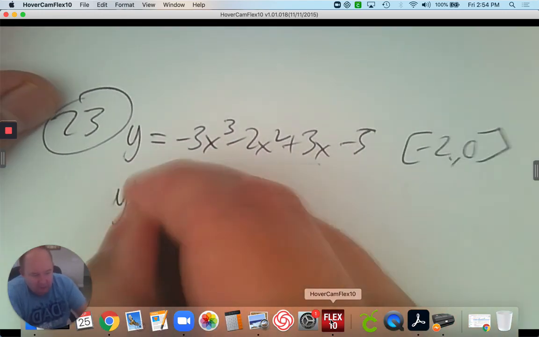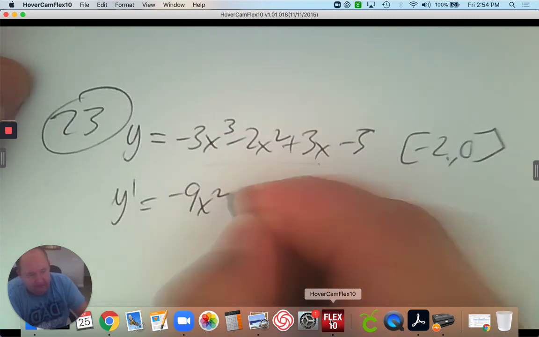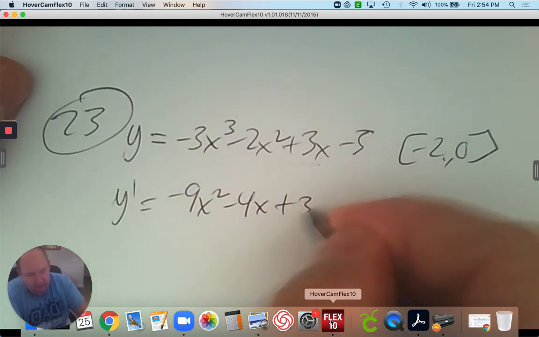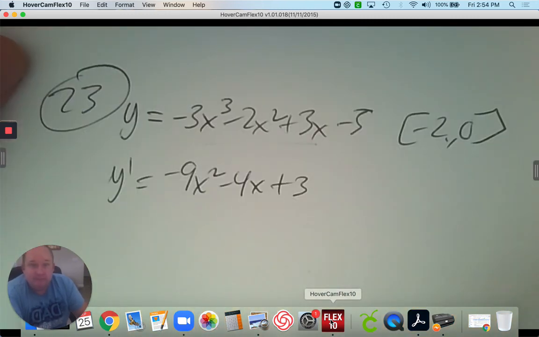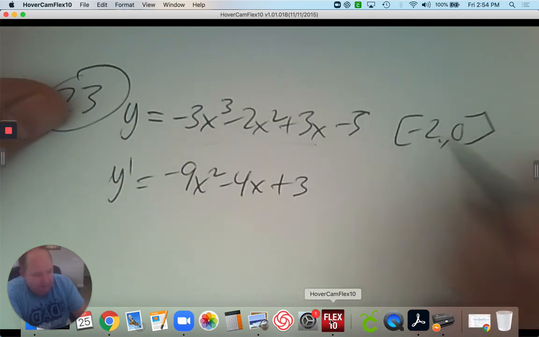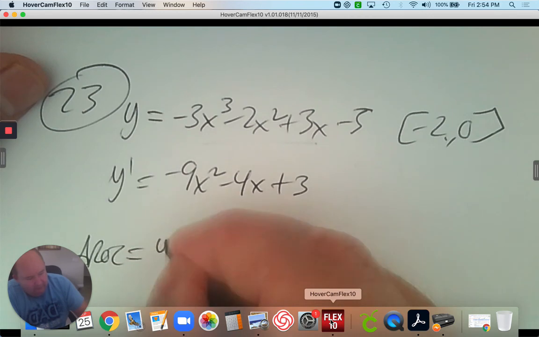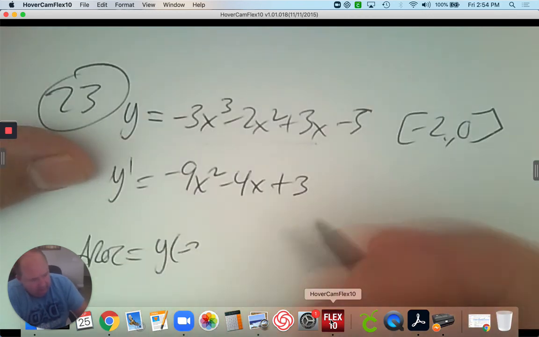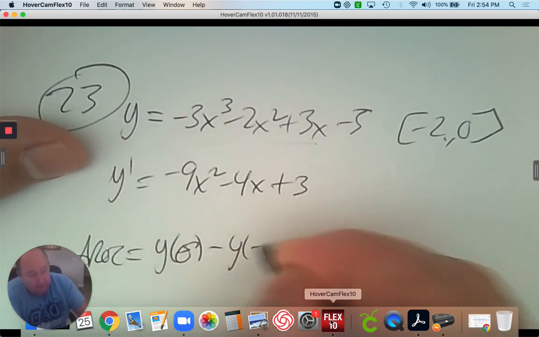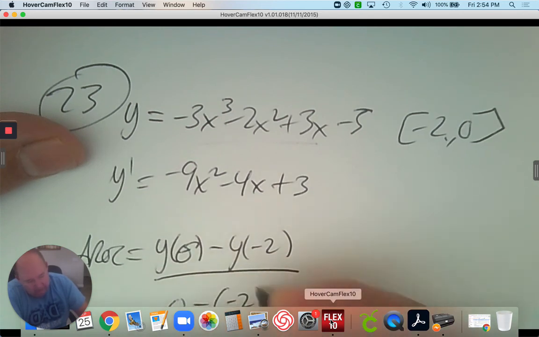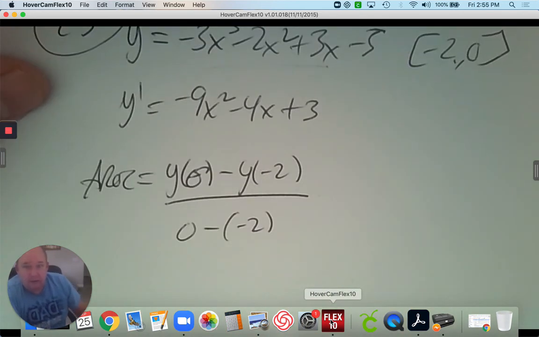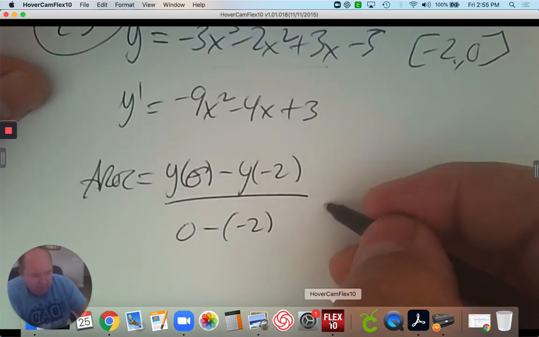Done. Derivative. That would be negative 9x squared minus 4x plus 3. Next, the AROC. So the AROC is y at 0 minus y at negative 2, over 0 subtract negative 2. So this is the slope formula.